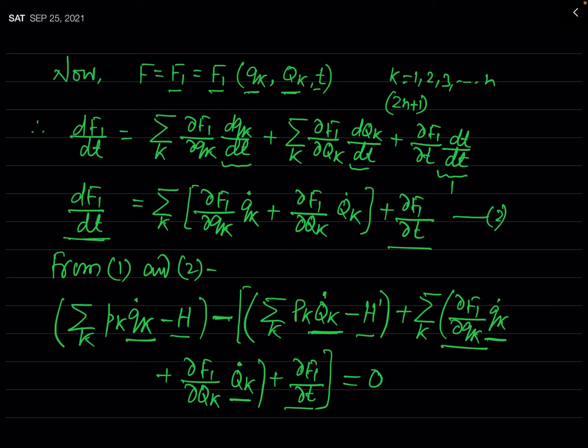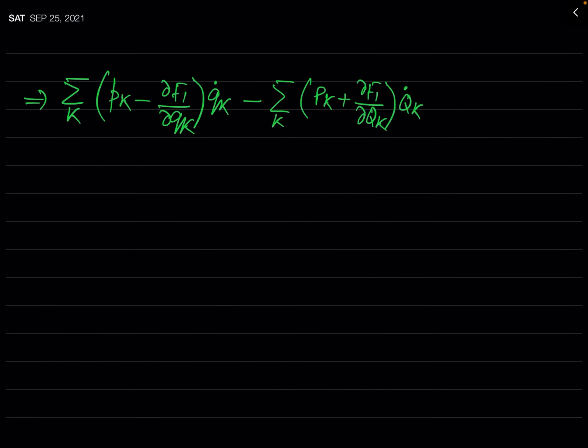So the remaining terms are plus H prime minus H minus del F1 by del T, and this is equal to 0.